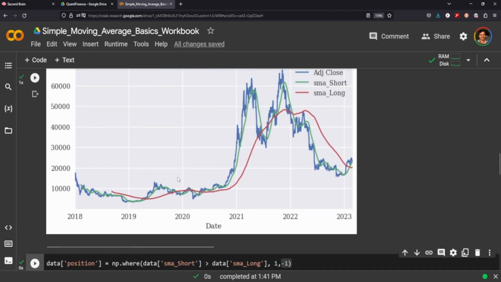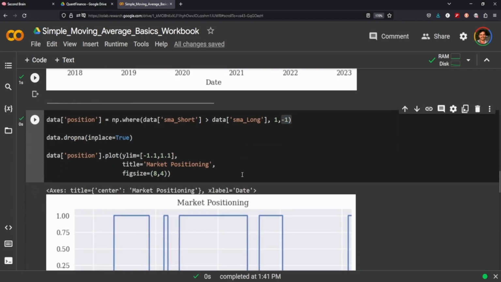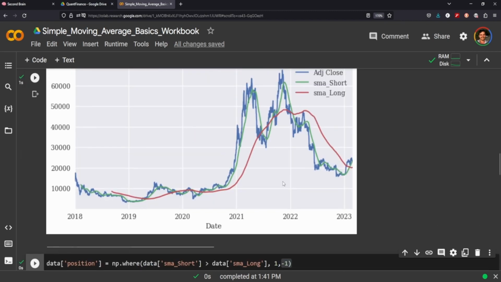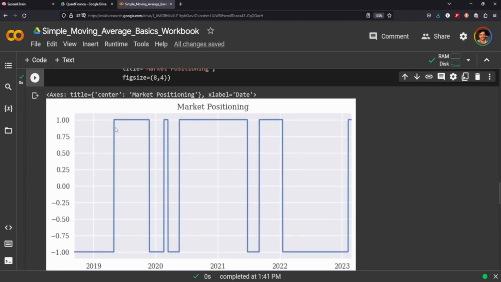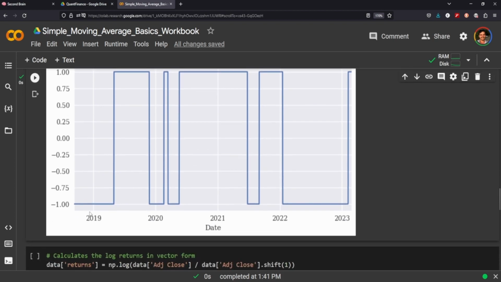Shortly after 2020, we go long and we stay in this position well into 2021, when it crosses back under the red line. So this matches up with this. This is just a visual form to indicate where our position is depending on the time of the year.